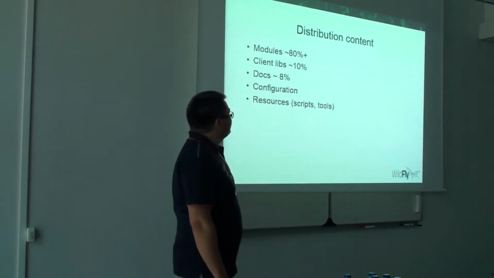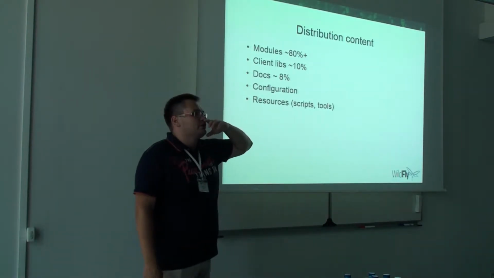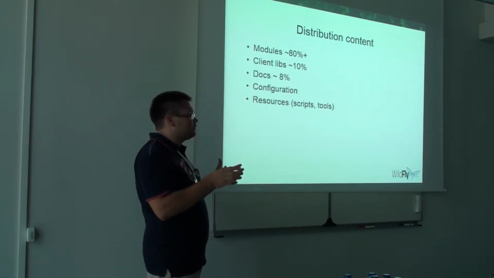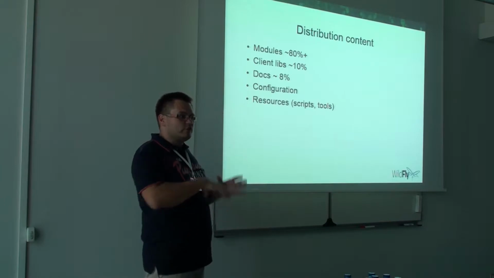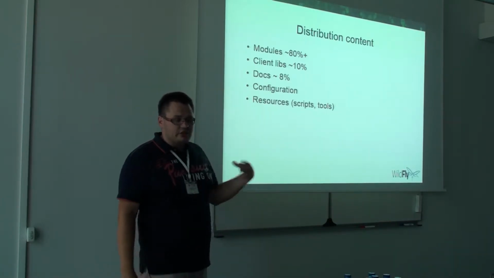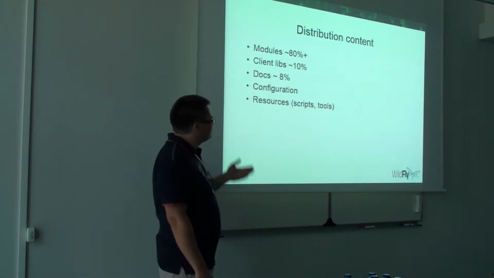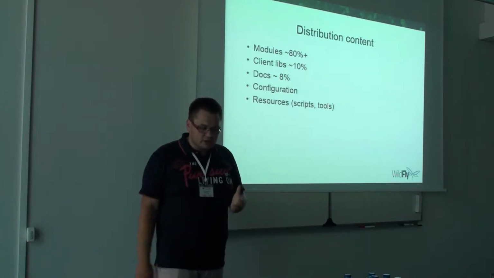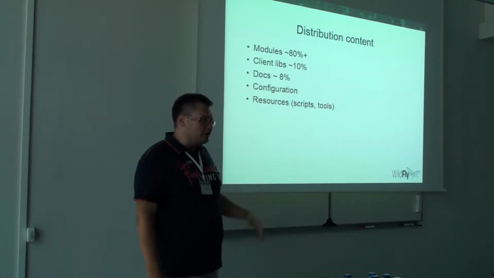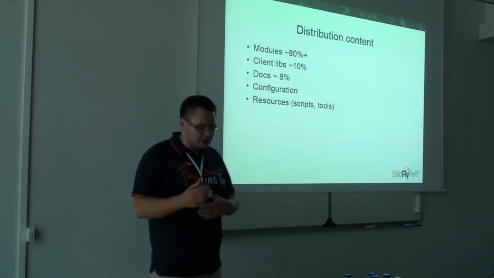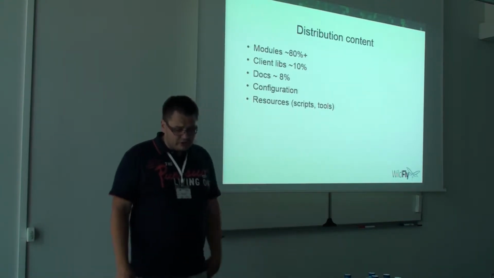If you look at it, quite simple, the modules, this is where we keep all, for the guys who don't know WildFly itself, it uses a modular class loader. The modules folder holds the whole structure of the modules with the jars and everything. This pretty much represents most of the distribution size, about 80%. Then there are client libraries, for connecting remotely for EJBs or CLI and so on, which is around 10%.